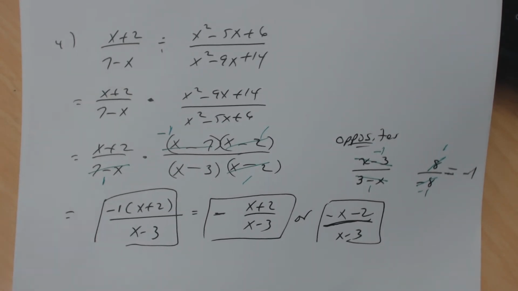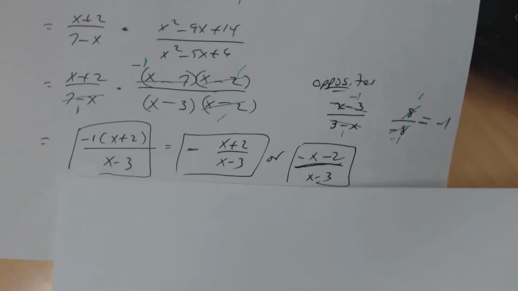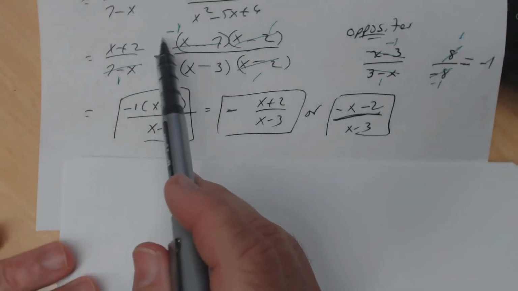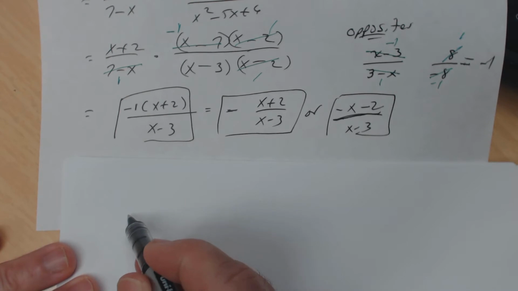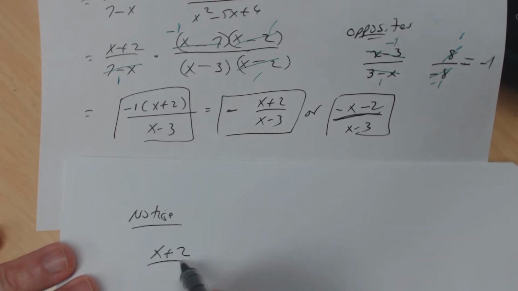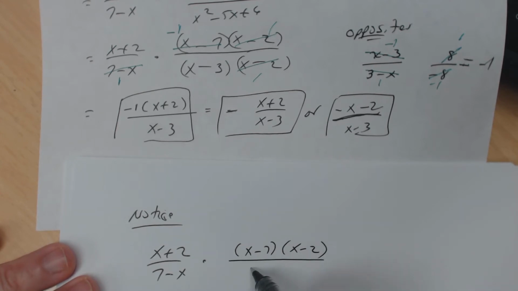Now there are other possible answers for this because you could have had a 1 up here and a negative 1 down there. Okay? I'm just going to show you, because some of you may do that, and there's nothing wrong with that. So I'm going to rewrite this portion over here: x plus 2 divided by 7 minus x, times x minus 7 times x minus 2 divided by x minus 3 times x minus 2.